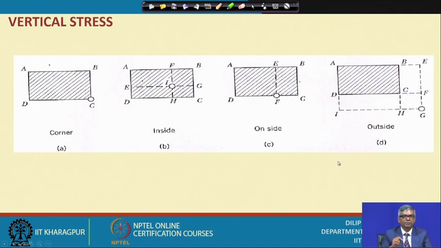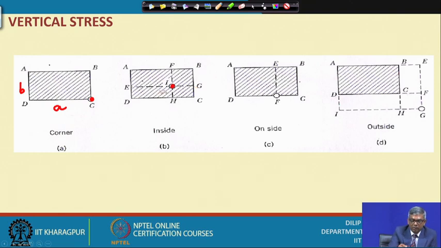You can see here, whatever derivation we have done, this is the typical foundation with dimensions A and B. This is a straight application of whatever formula we have given. So, we can consider this as A and this as B, and at this point suppose you want to find out the stress. Directly we are applying the corner formula. But if, instead of at this corner, I want to find out the stress at some other point, suppose at the interior of this foundation, then what will I do?